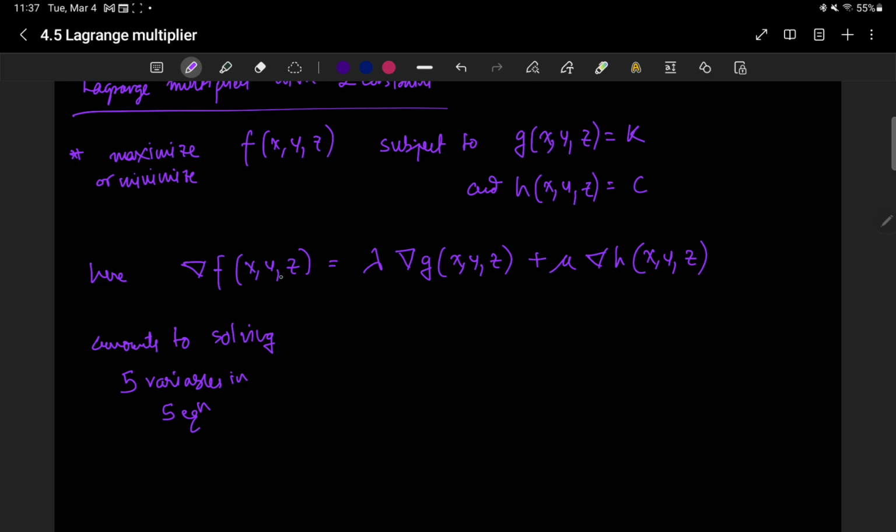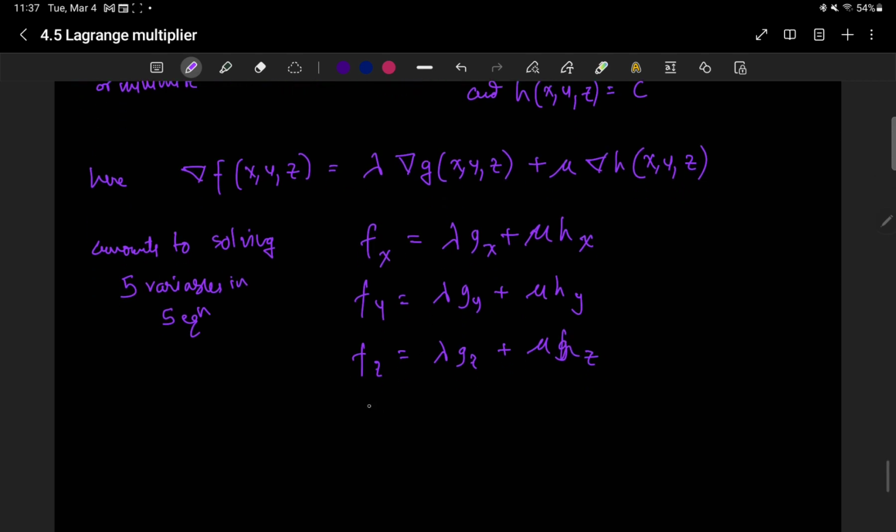What are the equations? Well, we will take the x component and compare it with the x component of each of these, the y component with the y component of the gradients of each of these, the z component with the z component of the gradients of each of these.